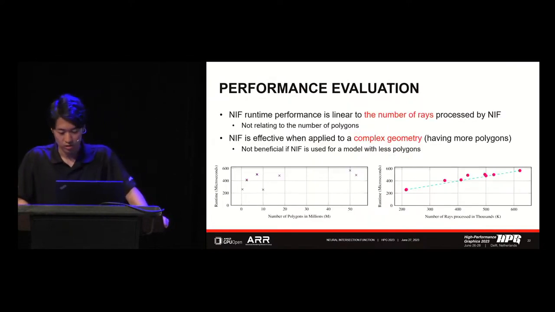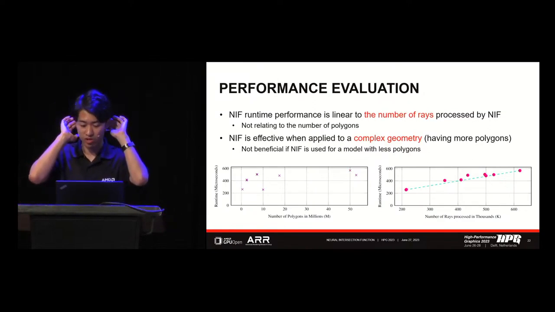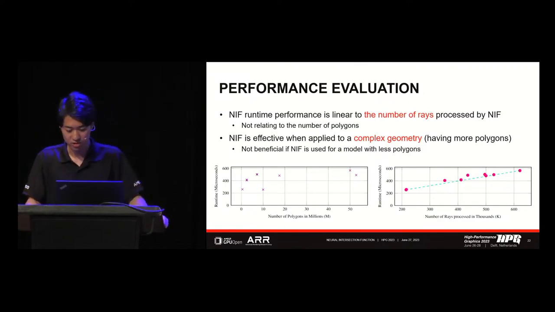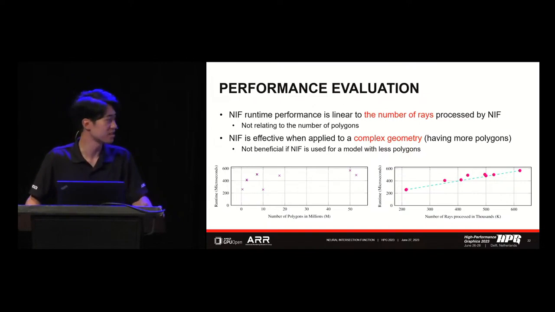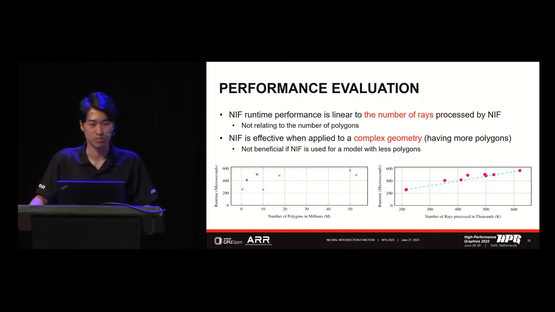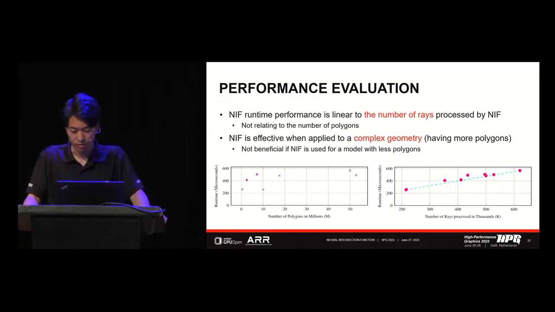These two figures show NIF's ray casting time arranged by the number of polygons in the scene and the number of rays processed by NIF. Seeing the left figure, we can find that NIF has nothing to do with the number of polygons in the model. However, seeing the right figure, we can find it's almost linear to the number of rays processed by NIF.